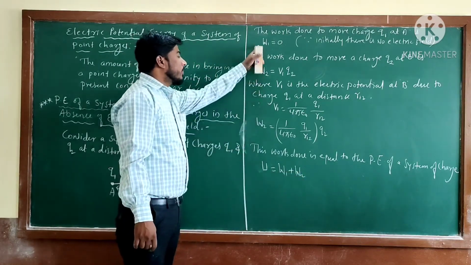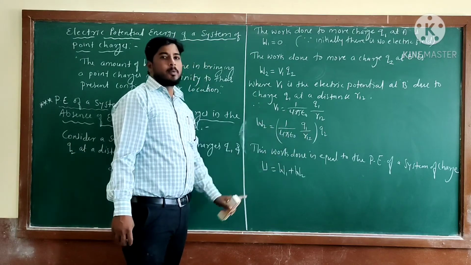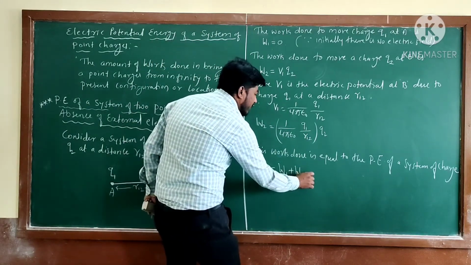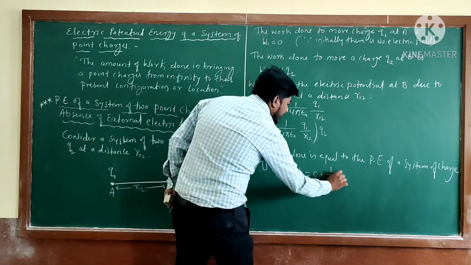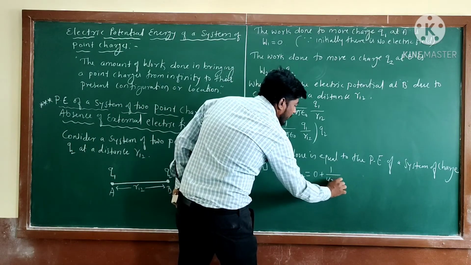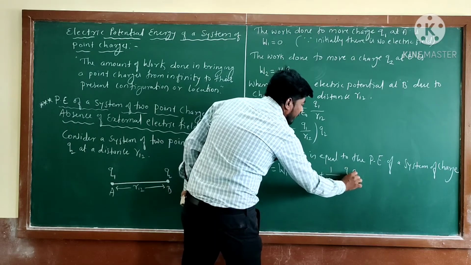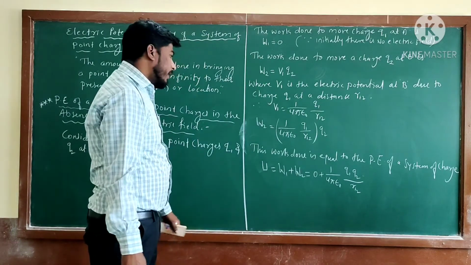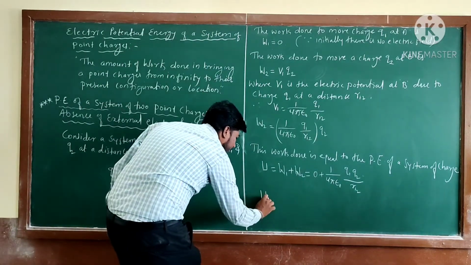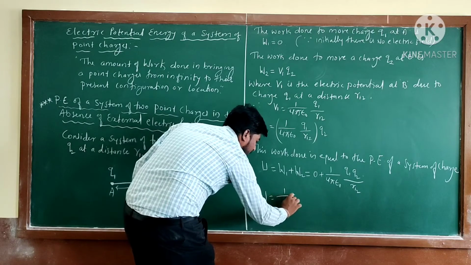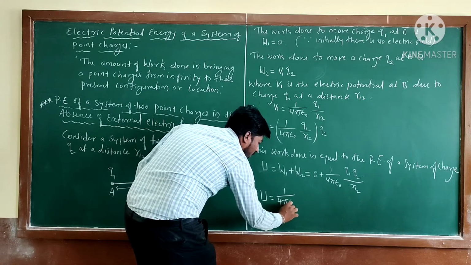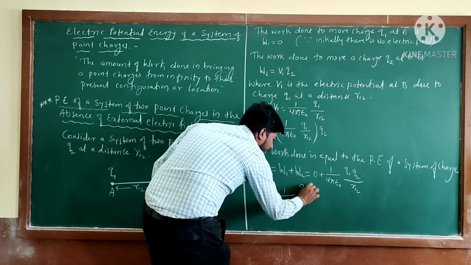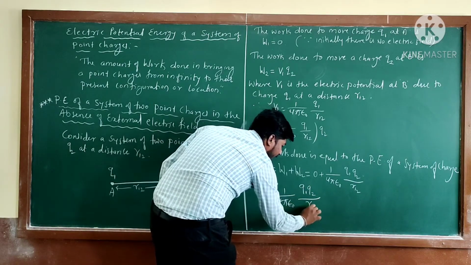So this total work done is equal to the potential energy of the system of charges. What is W1? It is 0. What is W2? It is 1 by 4 pi epsilon naught Q1 Q2 divided by R12. Therefore, we write U, the potential energy, is equal to 1 by 4 pi epsilon naught Q1 Q2 divided by R12.